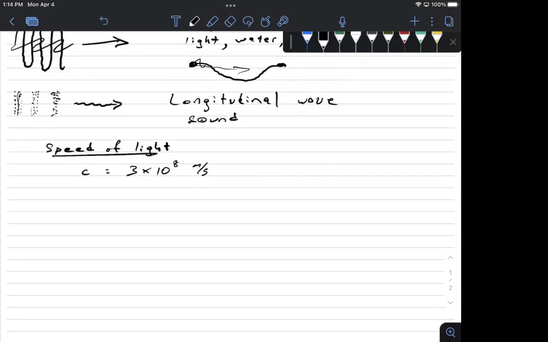When I say this, it's very important to understand that I don't mean that no matter what medium you're in, light is always at this speed. What I mean is, when you measure the speed of light in a vacuum, out in space, we always get this number, 3 times 10 to the 8th.